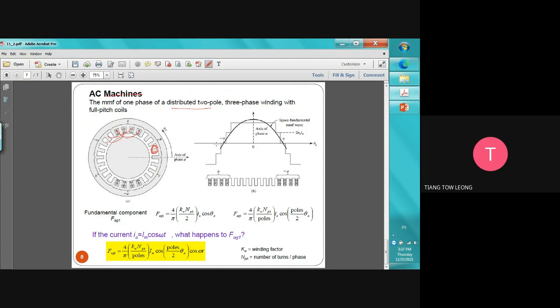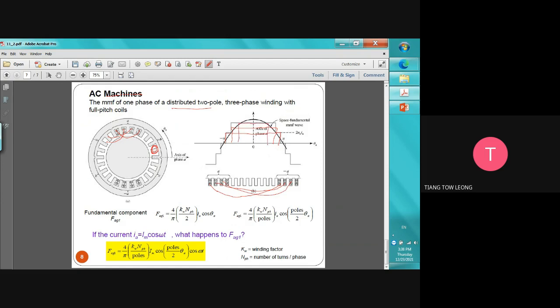The characteristic is, let's say this coil and this coil will create this value. Then this coil and this coil will create this value. Then this coil and this coil will create another value.